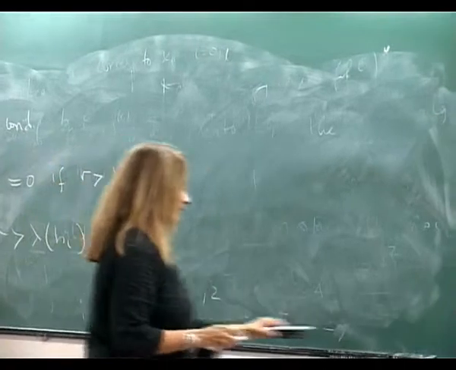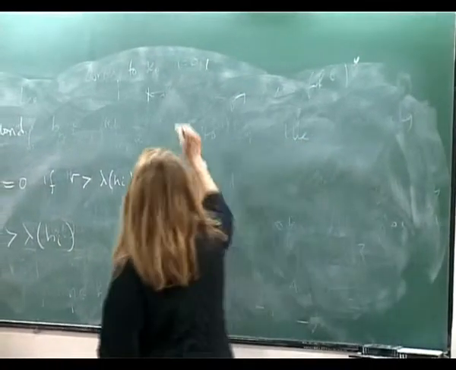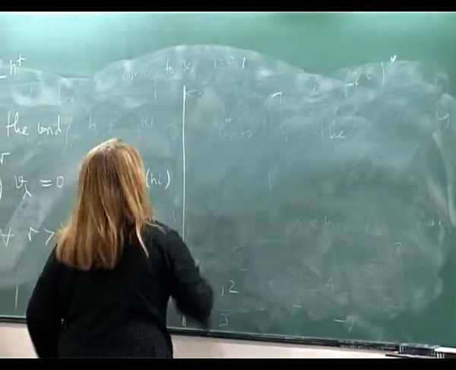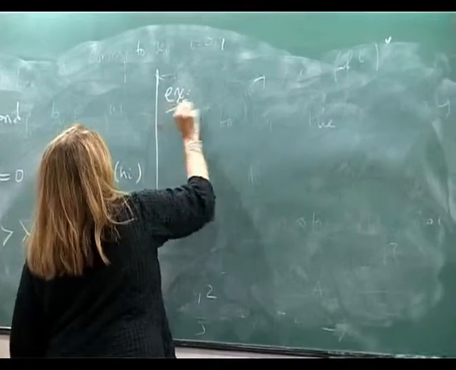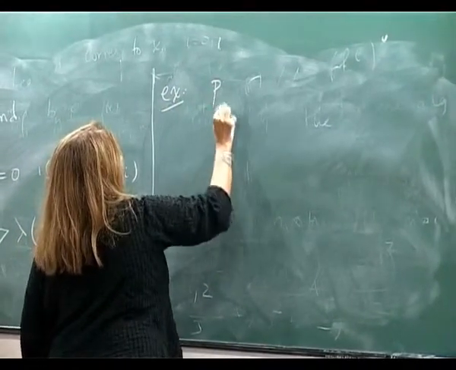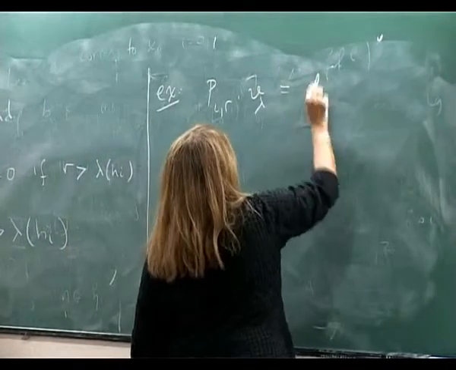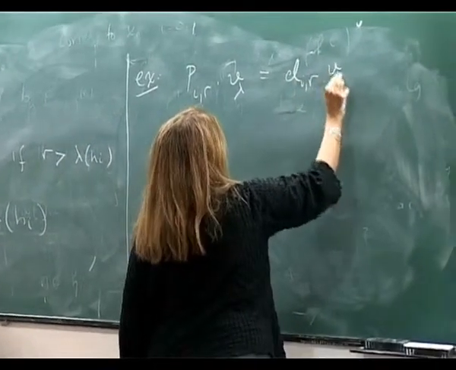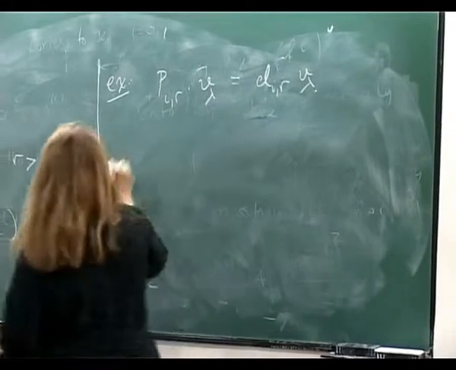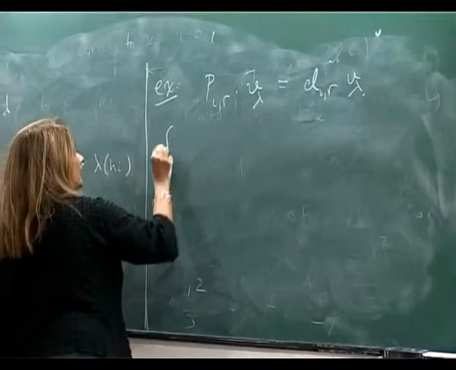What about the cases where P_ir is not zero? It's a simple exercise, so I'll leave it as an exercise, that P_ir of v_lambda is always a scalar multiple of v_lambda, for some d_ir in C.